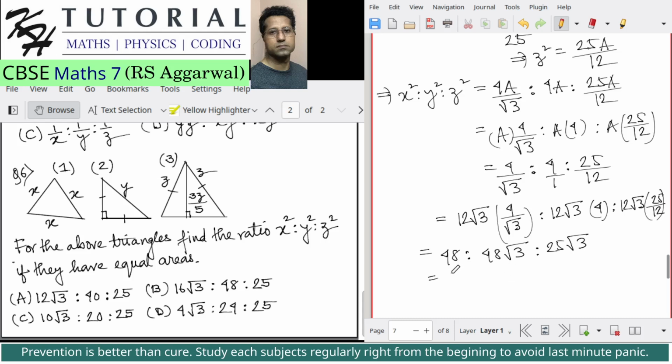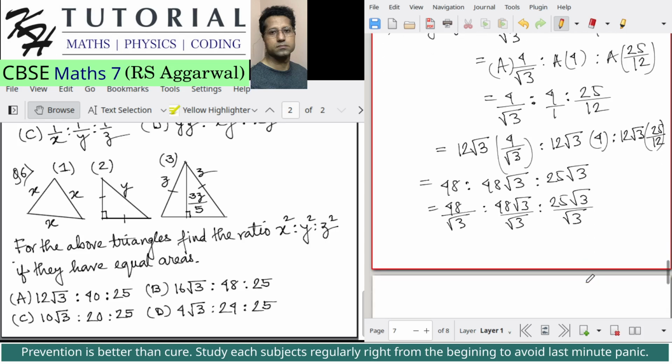If I divide all the parts of the ratio again with square root of 3, possibly I am doing unnecessary calculation, but anyway, let's try to arrive at the solution. So I can always do this.